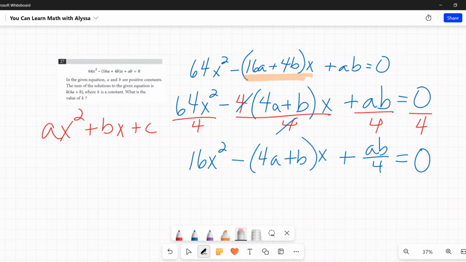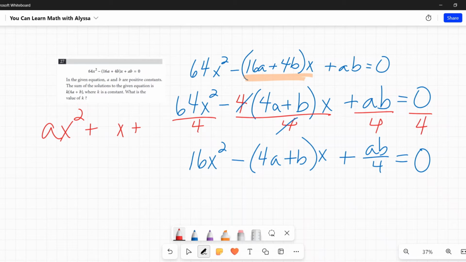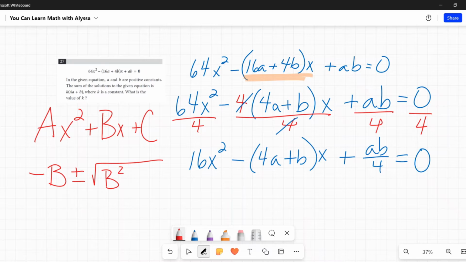I'm going to use capital letters here because we've already got a lowercase a and b over there, and this is going to get really confusing really quickly. Don't know why they chose a and b, just to make it harder on you. So we're going to call this capital A x squared plus capital B x plus capital C. So the quadratic formula says it would be negative B plus or minus the square root of B squared minus 4AC, all over 2 times A.